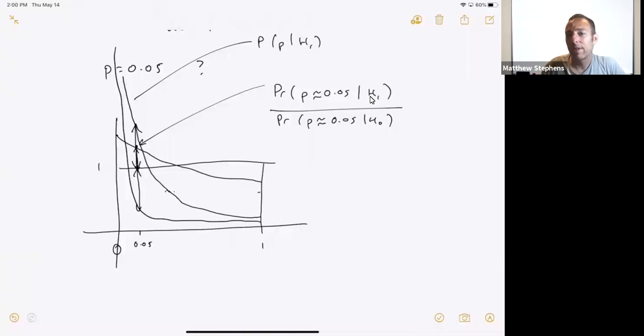So there's this range of things where, at first, as you introduce some modest effect, you might expect p equals 0.05 to be slightly more probable under the alternative than under the null. But in settings where there are really big effect sizes, you don't expect to see p equals 0.05 at all. You expect p to be smaller than that. And so seeing 0.05 becomes evidence for the null. And so that's the intuition for why there should be a bound here.